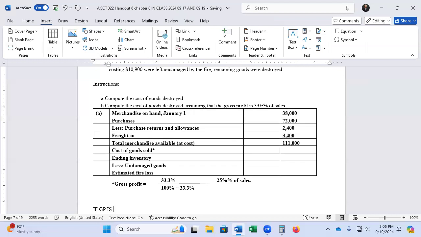If GP is 25% of sales, then cost is 75% of sales. Keep in mind here, you can only have one, right, with sales. So if this is 75, this has to be 25, vice versa.